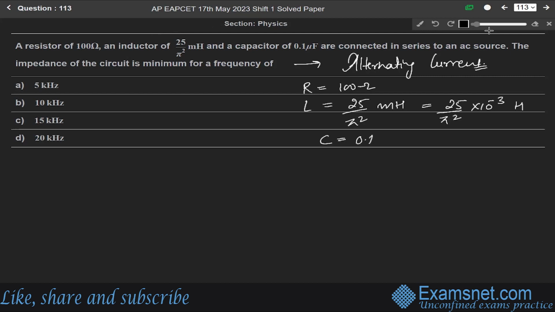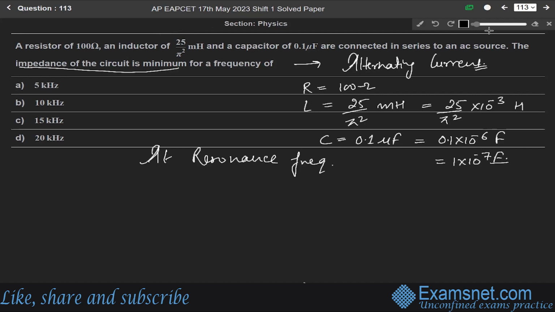C equals 0.1 microfarad means 0.1 into 10 to the power minus 6 farad, so it means 1 into 10 to the power minus 7 farad. Okay. So it is asking about the impedance of the circuit. So the impedance of the circuit is minimum at what? At resonance frequency.